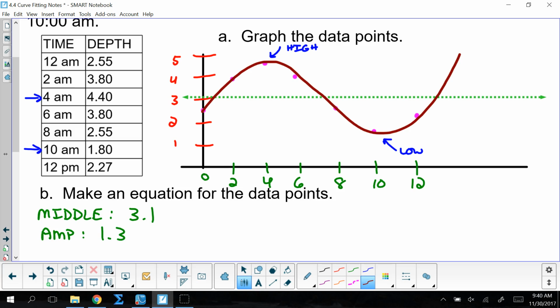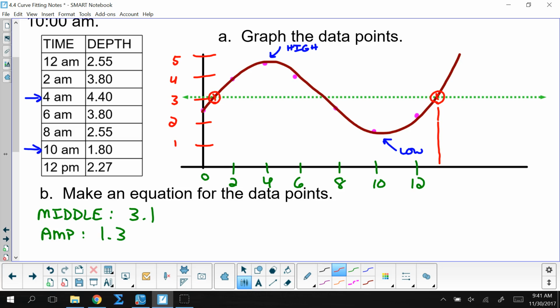What else do I need? Period, right? Okay. So my period would be from like here all the way back out to there. Right? But I don't know what that time is. I could probably figure it out, but I don't know.